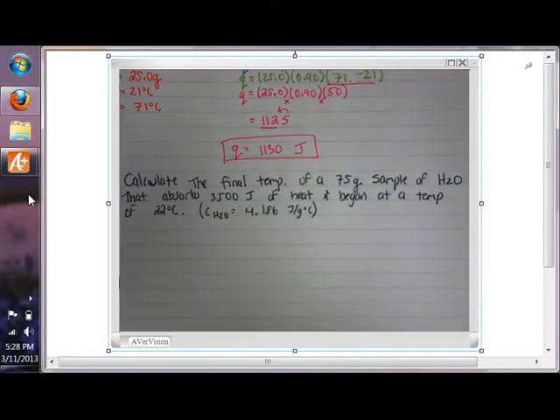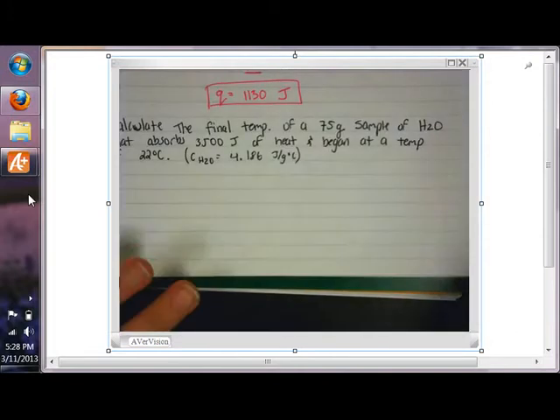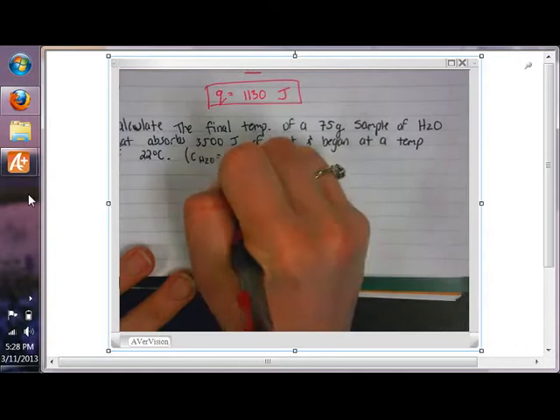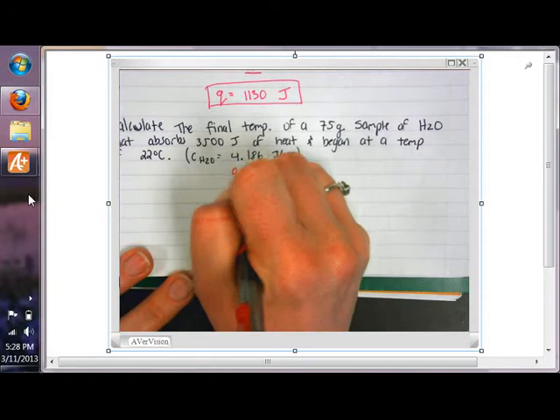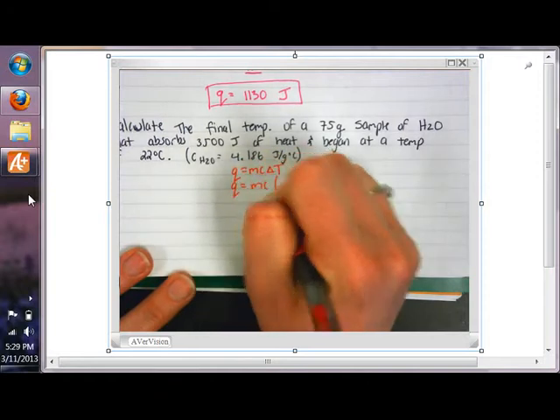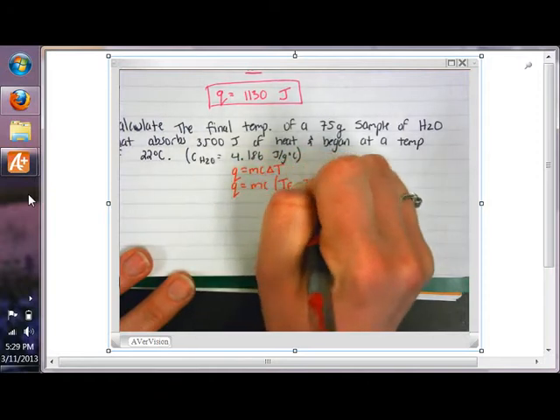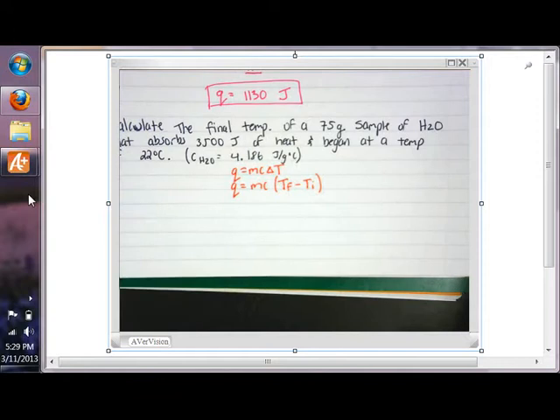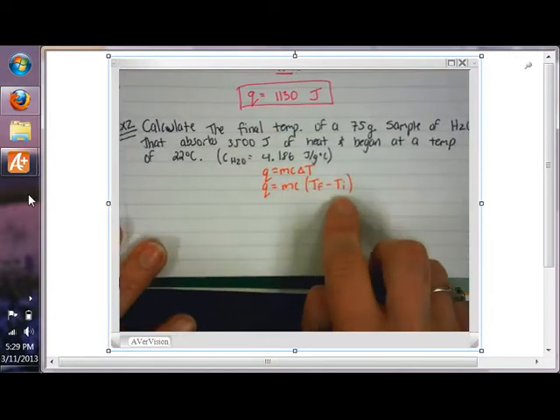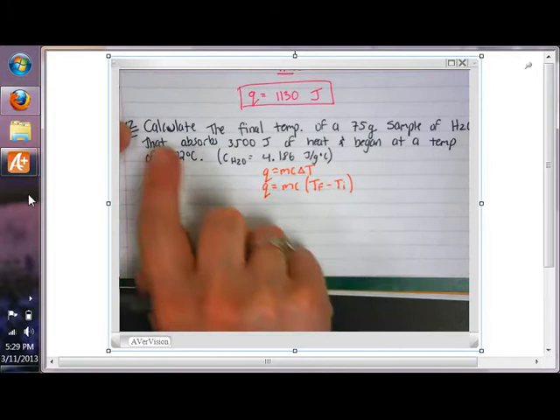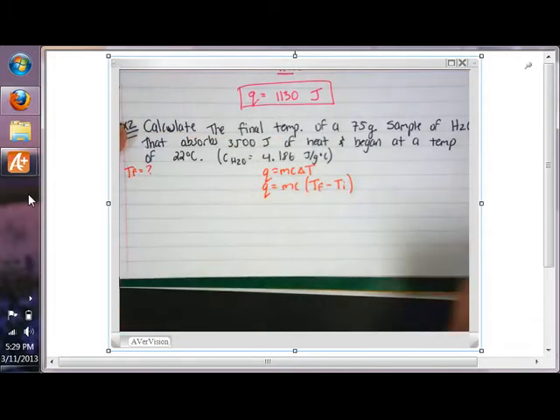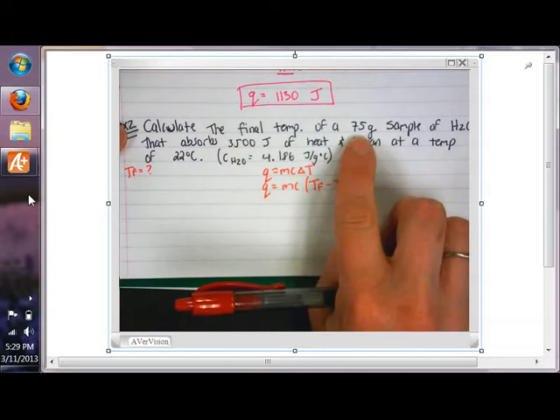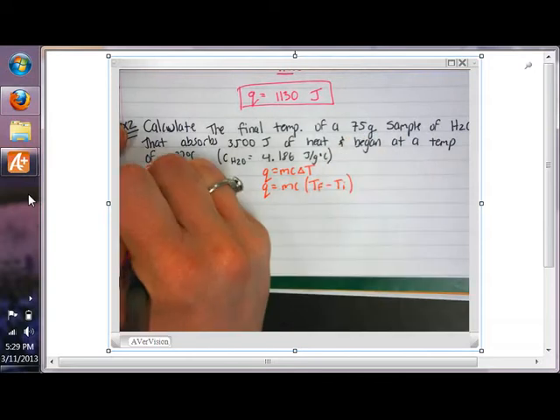So I always start out these problems by writing my equation. So Q equals MC delta T. Rewrite it again. Q equals MC. Delta T is temperature final minus temperature initial. That makes it much easier for me to plug in. So it says calculate the final temperature. So they want TF. That's our question mark. They give me the mass of our sample at 75 grams.